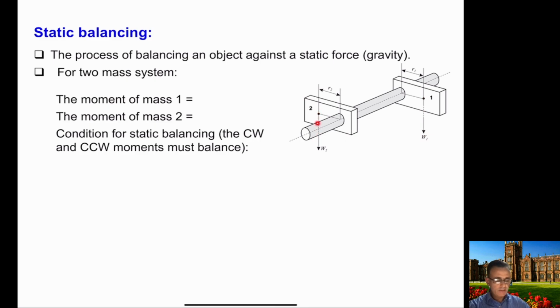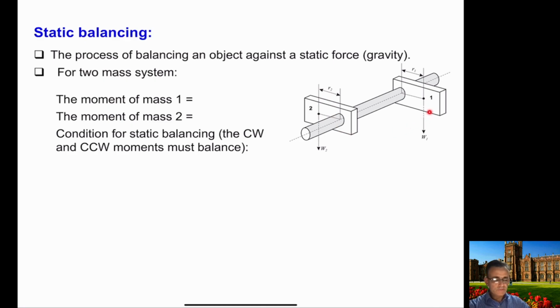The weight of this mass is W2 here, and the center of gravity of this mass is this point here, and the distance of the center of gravity from the center of the shaft is R1. Similarly, here the center of gravity is this point, and the distance of the center of gravity from the center of the shaft is R2.